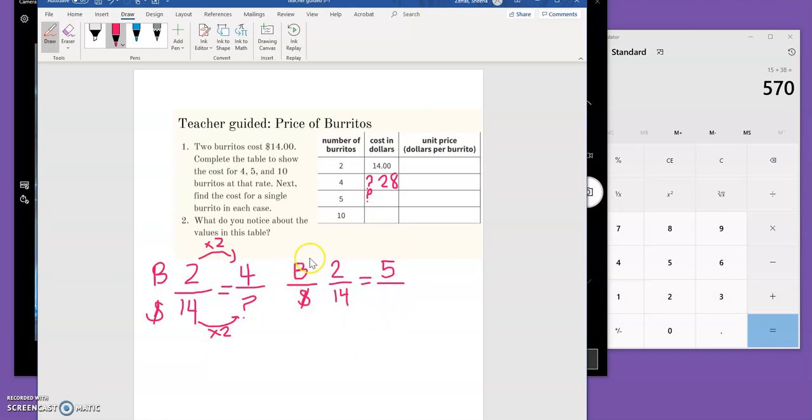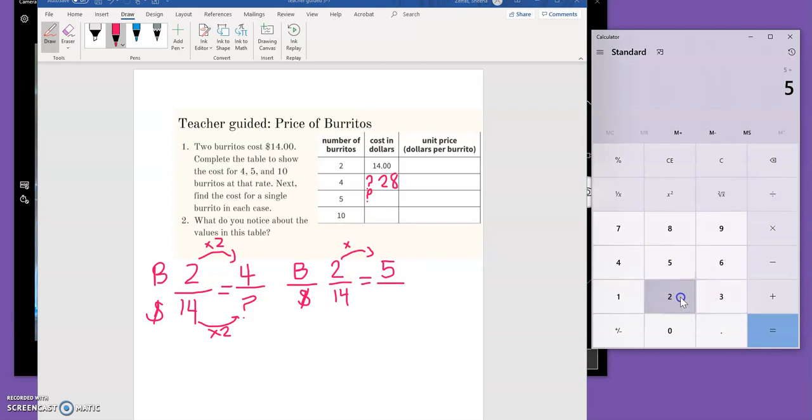Just like the first part of this, we are going to be multiplying. And to identify what I'm multiplying by, I'm actually going to divide. Okay, 5 is not a multiple of 2, so I'm not multiplying it by a whole number. If I, on my calculator, take 5, divide it by 2, that will tell me what I am multiplying by.